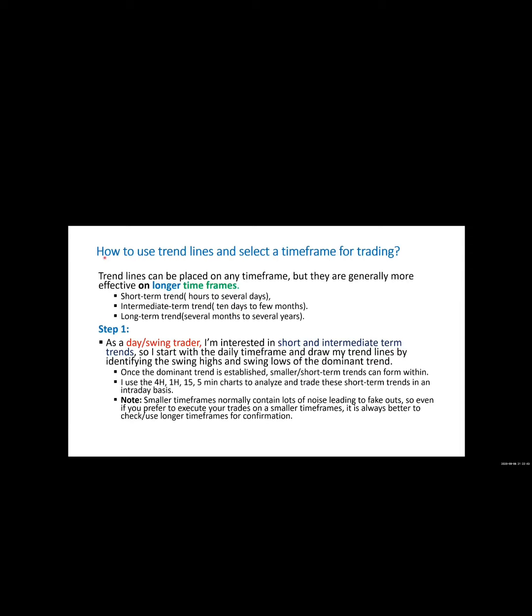Okay. So how to use trend lines and select a time frame for trend trading. Trend lines can be placed on any time frame, but they're generally more effective on longer time frames, like I said.